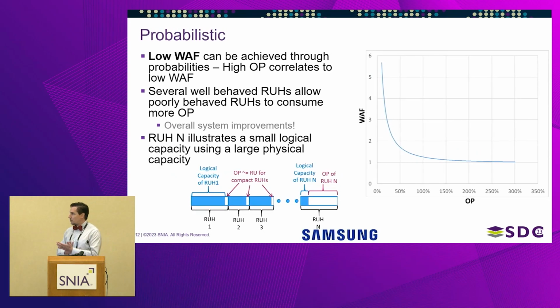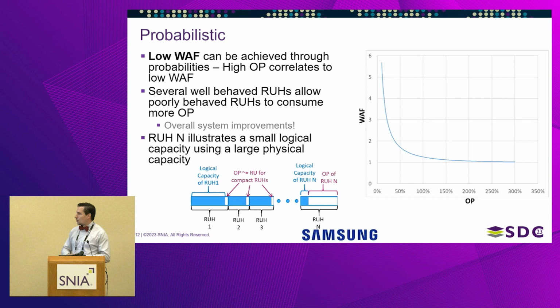This comes back to a point that Stephen was already mentioning earlier, but if we had a few RUHs, for example, I have RUH 1, 2, and 3, and the small amount of OP for each of those RUHs being used, keeping them compact, you could have any number of these with write amplification of one, and now, because we have this logical capacity of the drive that's fully allocated, we have a lot of compactly written data, all of the over-provisioning for the drive ends up coming to that final RUH N. And so now we could have RUH N with a small logical capacity, but a very large over-provisioning available for its use case.